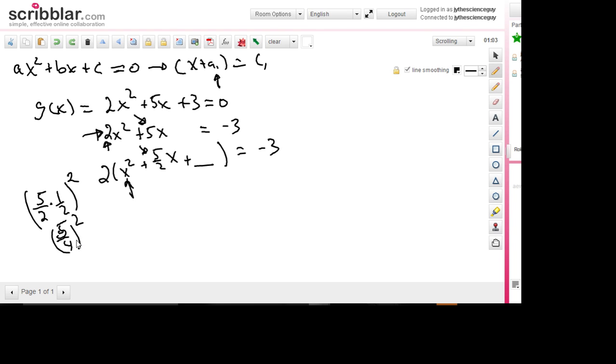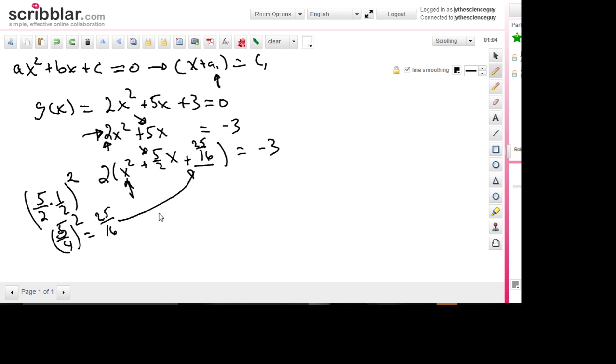Okay. What's 5 over 4 squared? Well, do you square the top, you square the bottom? Yes. 5 times 5, 25. 4 times 4, 16. So that number goes in there. So this is 25 over 16.